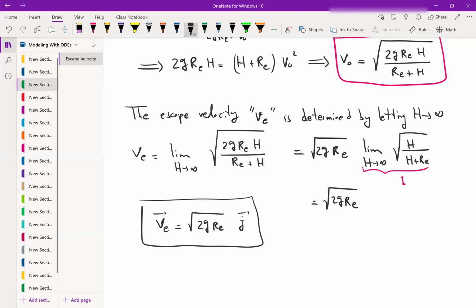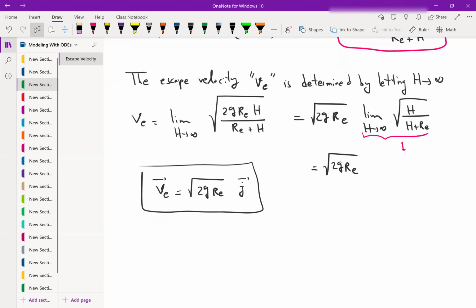Let me tell you some of the values of the constants that we had in this problem. The radius of the Earth, you can also Google this, this RE is approximately 6.37 times 10 to the power of 6 meters.